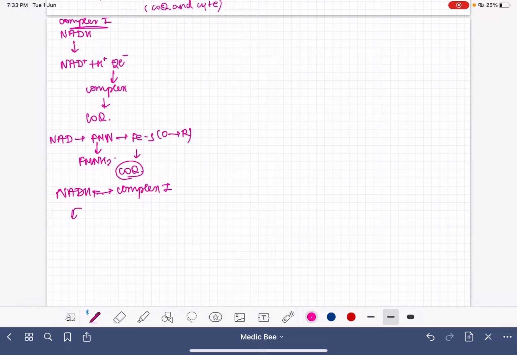As these electrons are accepted by complex 1, the hydrogen ions released here will be pumped back. H plus will be pumped through complex 1. There is a pore in it.